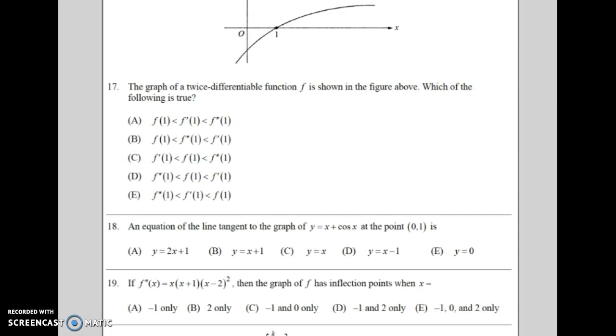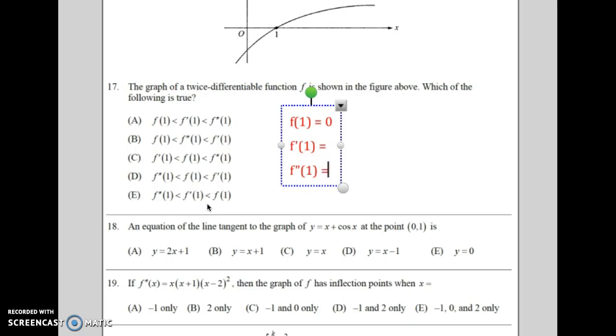Okay, I actually love question 17. They're saying that this is the graph of f, and we're comparing what's happening at x equals 1. What's easy about this is that f of 1 is clearly on the graph, and the value of that is 0. But then we're comparing the slope at 1 and the concavity at 1.